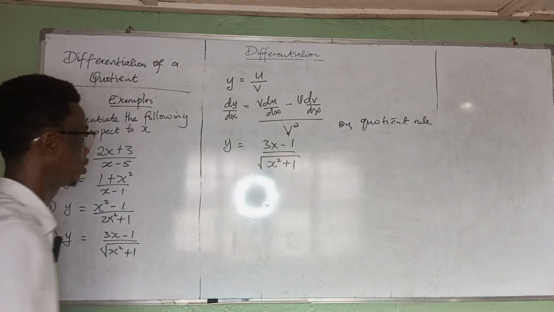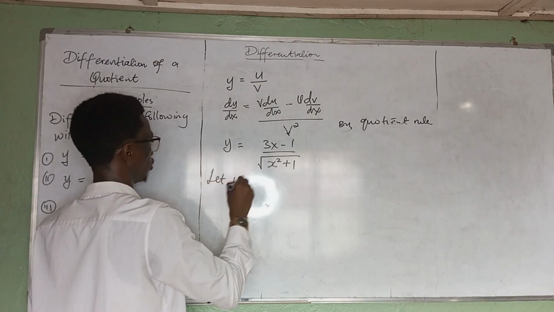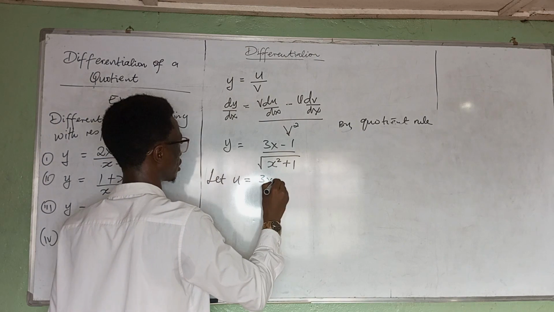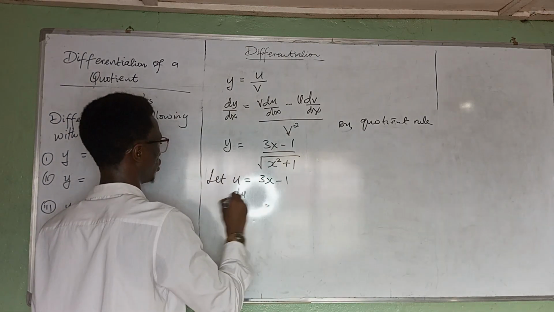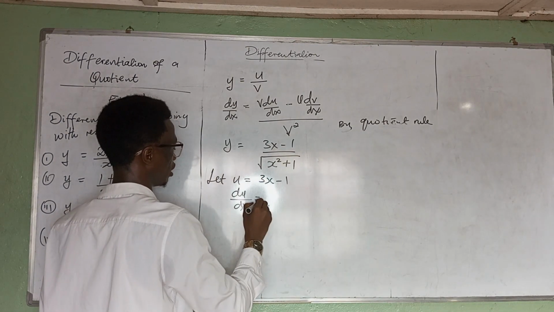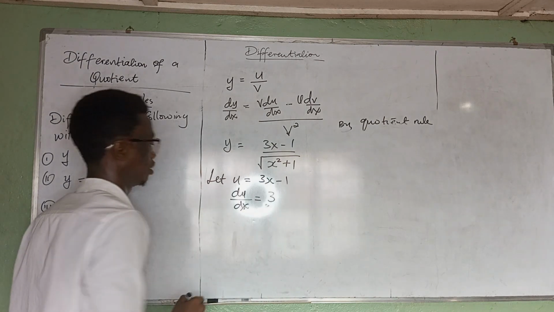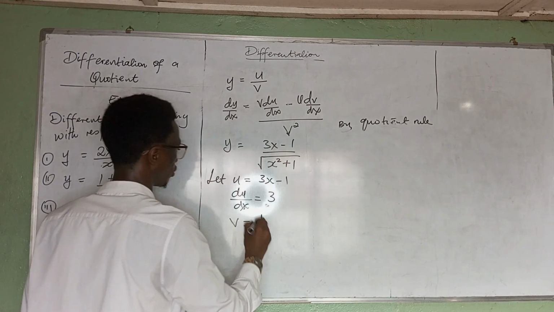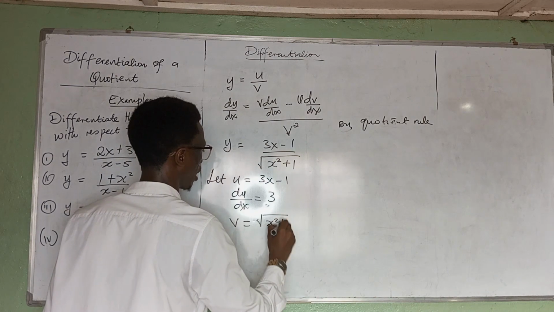The same thing, we let u equal 3x minus 1, we differentiate, du by dx becomes 3. And v equals root x squared plus 1.